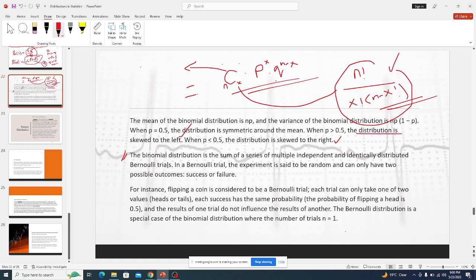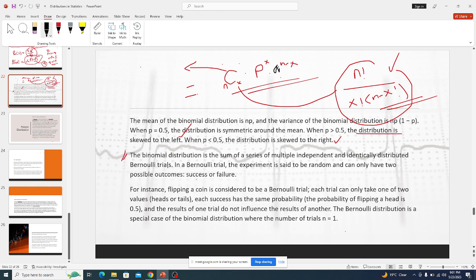And then we also said we can always rewrite q as 1 minus p. Meaning if you only have the value of p, then it is easy for us to find the value of q. Yes, that was the formula.